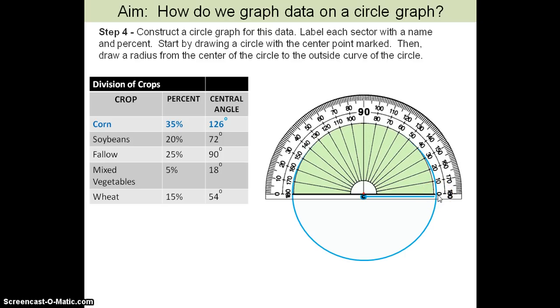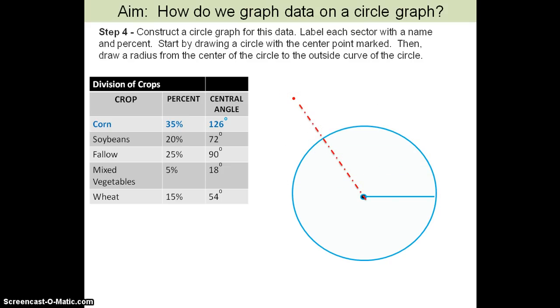Once you have ensured that everything is level, then you need to count up from 0 using the inside numbers to our first central angle of 126 degrees, which is located about here. Make a pencil mark on the outside of the protractor to mark your spot.